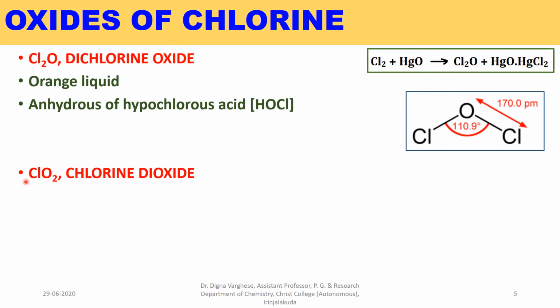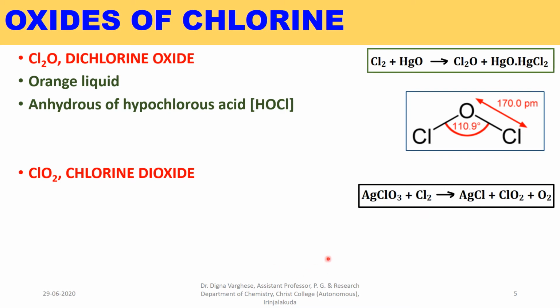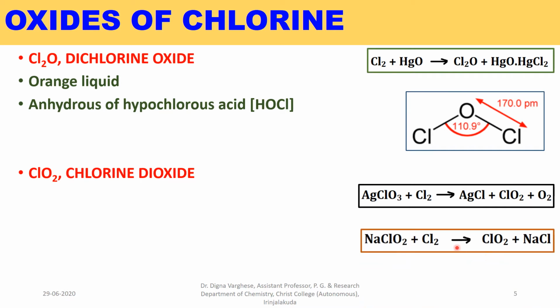Chlorine dioxide, molecular formula ClO2. It can be prepared by treating chlorine with silver chlorate, giving chlorine dioxide, silver chloride and oxygen. Another method of preparation is applying chlorine gas on sodium chlorite.